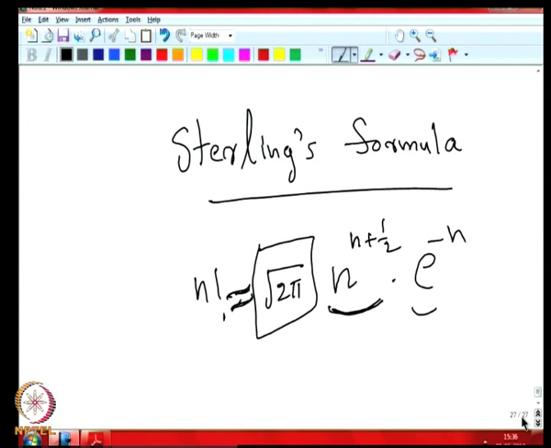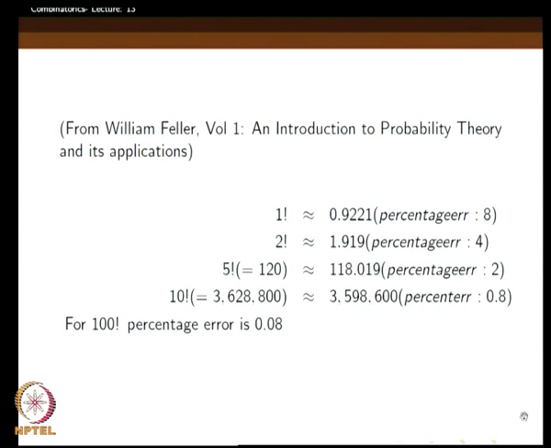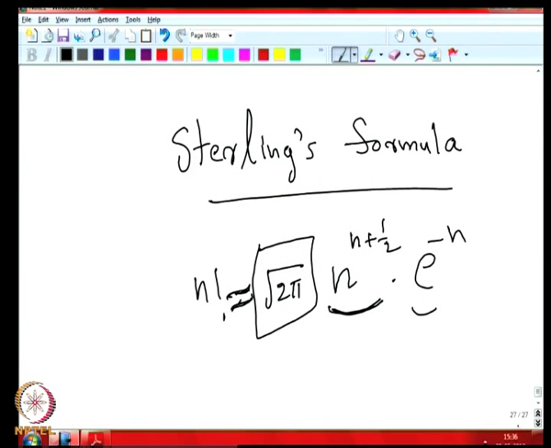What we say is, if you consider the two sides, RHS and LHS, and the ratio of these two quantities, n factorial divided by root 2 pi into n to the power n plus half into e to the power minus n, this ratio will tend to 1 as n tends to infinity.